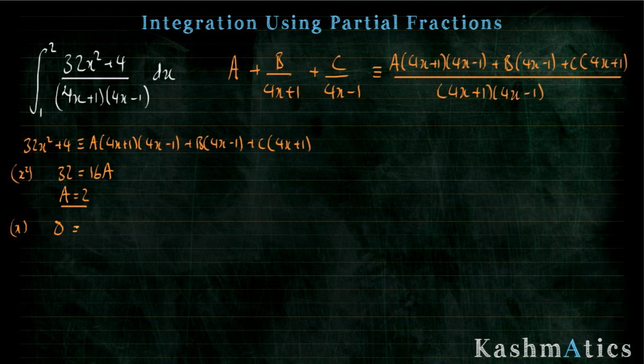Over here I've got 4b, plus over here I've got 4c, which means 0 is equal to b plus c. Let's call that equation 1. And then I'm going to look at my constants.